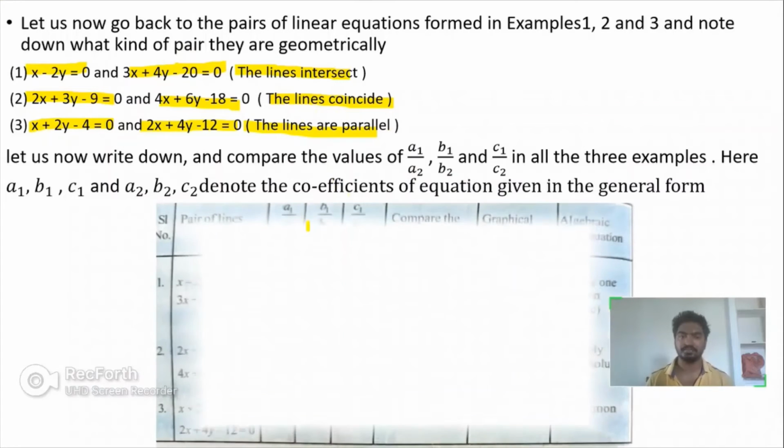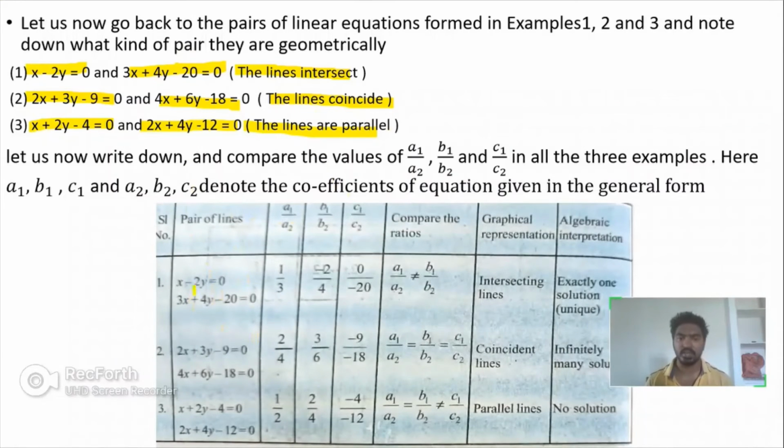So similarly, if we calculate for example 1, a1 by a2 is 1 by 3, b1 by b2 is equal to minus 2 by 4 and c1 by c2 is equal to 0 by minus 20.